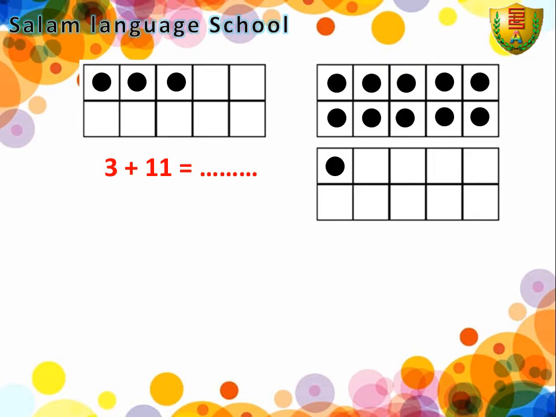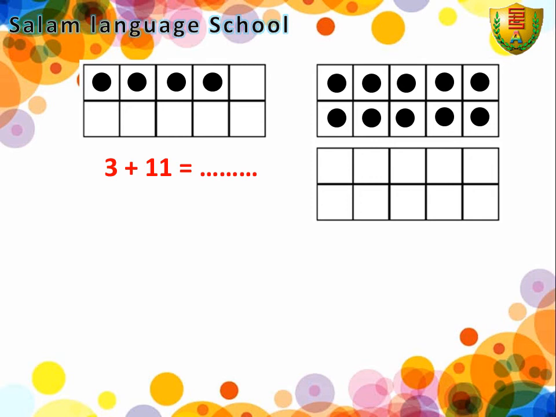3 plus 11. Oh, we have 3 10 frames. The first one has 3. The second one has 10 and the last one has 1. We can move the single one to go to the empty 10 frame.